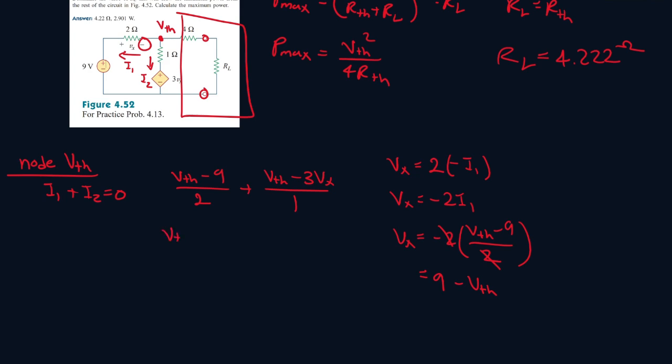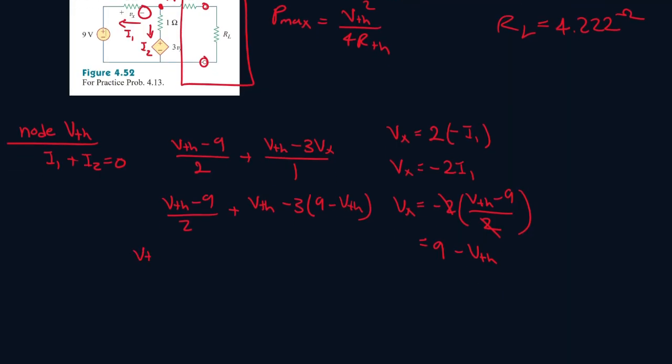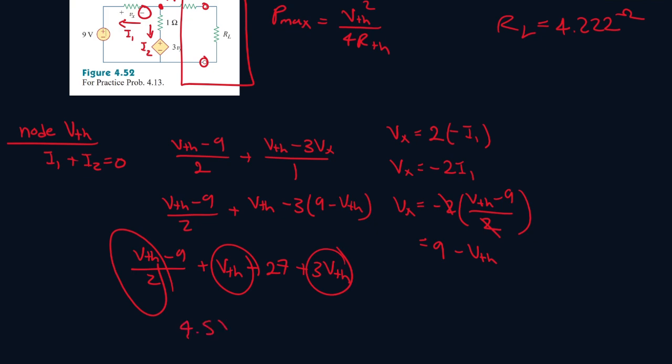So we have VTH minus 9 over 2 plus VTH minus 3 times 9 minus VTH. Now we have VTH minus 9 over 2 plus VTH minus 27 plus 3VTH. Let's combine like terms. So 1 over 2 plus 1 plus 3, that's 4.5VTH.